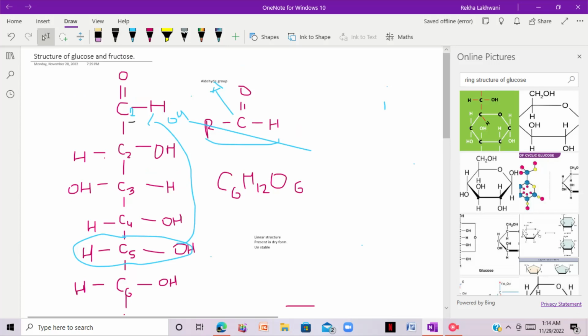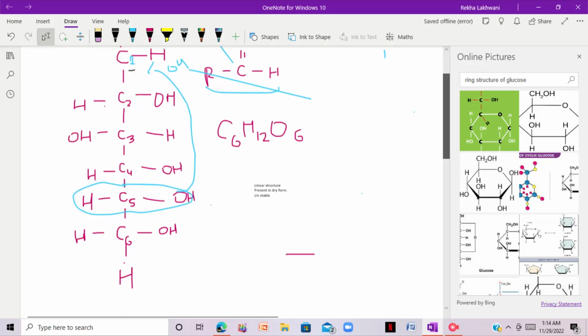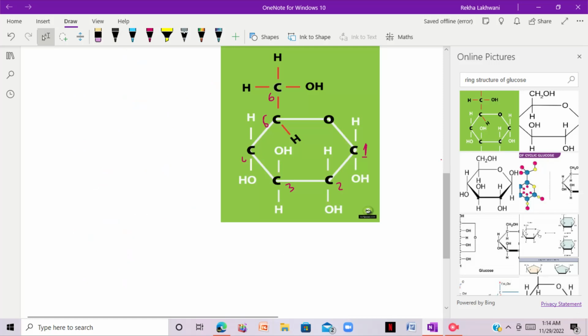Basically, pyranose means a ring in which there are 5 carbons plus 1 oxygen.